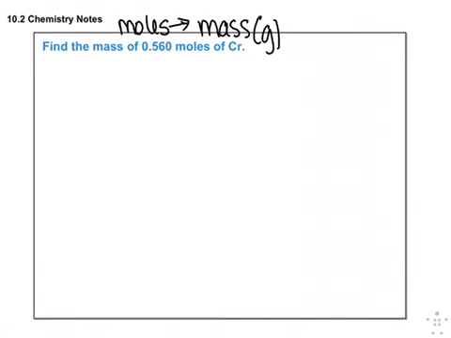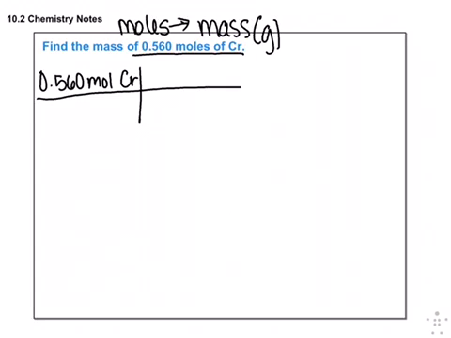Just like yesterday, you start your train tracks with what you were given in the problem: 0.560 moles of chromium in this case. And then on the bottom here, we need moles of chromium, so it will cancel. And then the unit that we need to end in is grams.